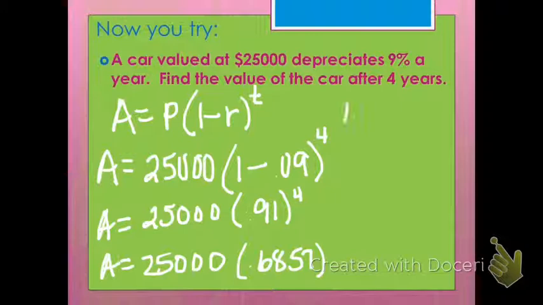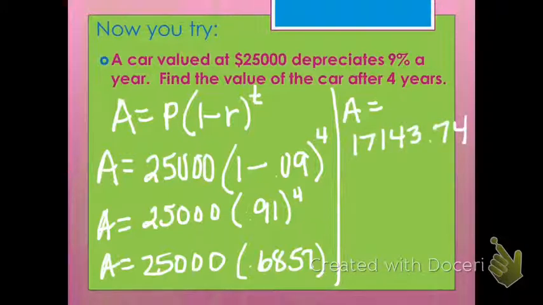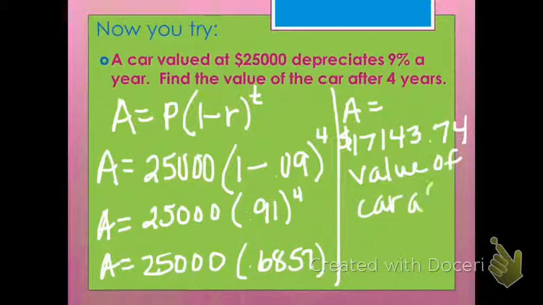And then I multiplied that. You just get that times 25,000, and I end up with 17,143.74, which is of course money, and it's the value of the car after 4 years.